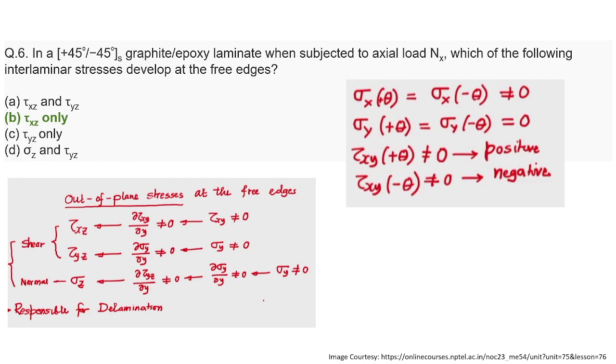So the next question is, in a plus 45-degree and minus 45-degree symmetric graphite epoxy laminate, when subjected to axial load Nx, which of the following interlaminar stresses will develop at the free edges?